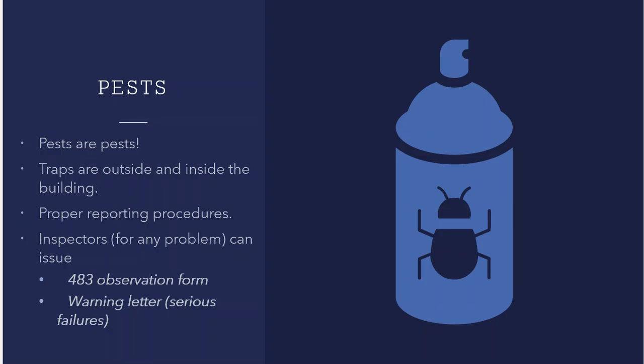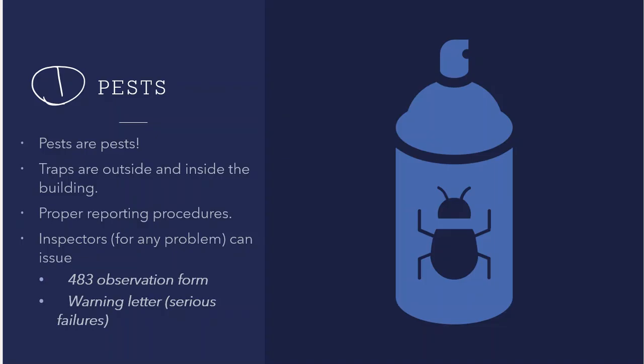As I said, pests are the number one concern. Oh, God, no, bugs. All right, so pests are pests? Of course they are, and we don't want them in our house, and we definitely don't want them in the biomanufacturing facility either.